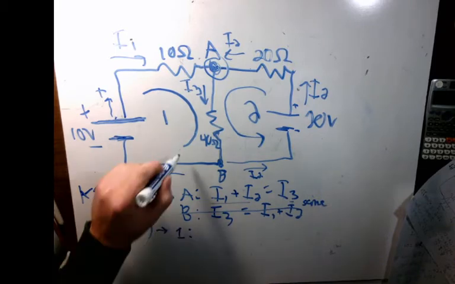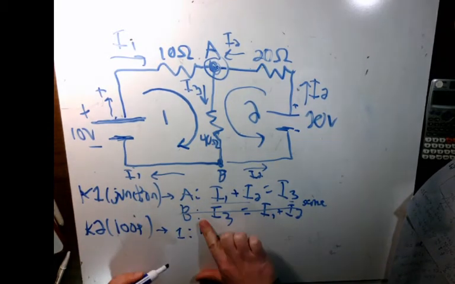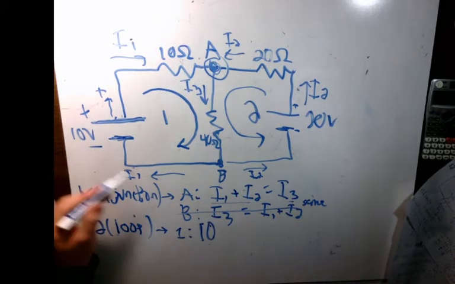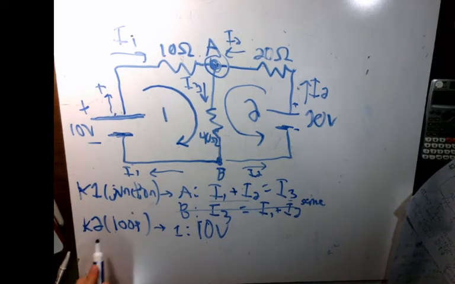So if it matches, it's positive. So I would have 10 volts from this cell. If it were the other way, that would be a negative 10 volts. All right. So keeping track of the sign for this loop rule is one of the trickier parts of this setting up of equations.